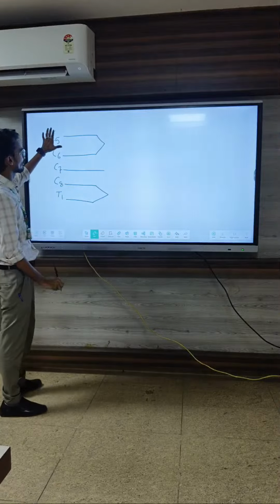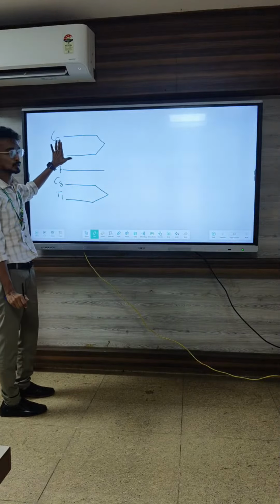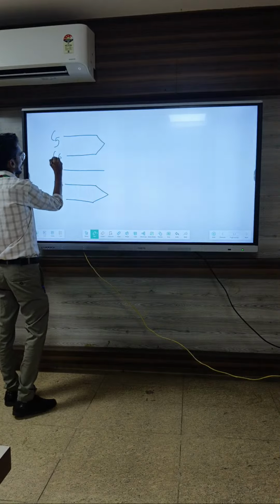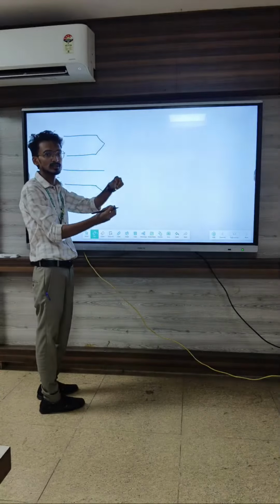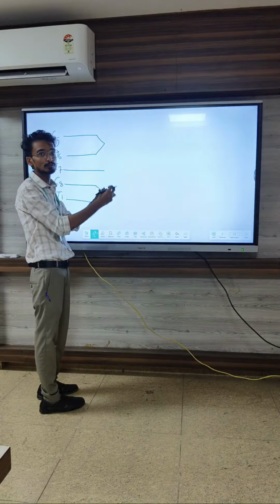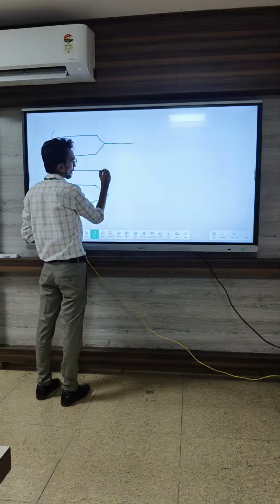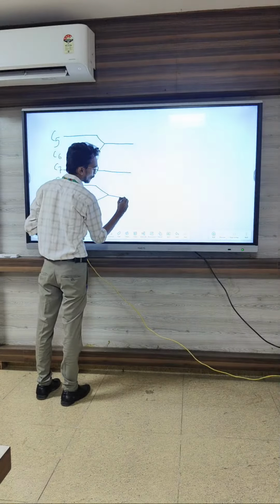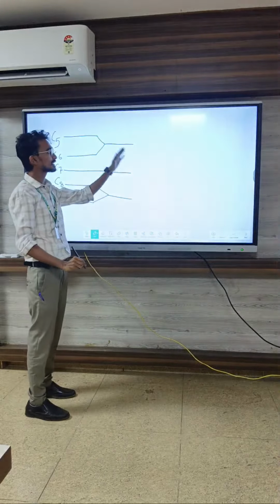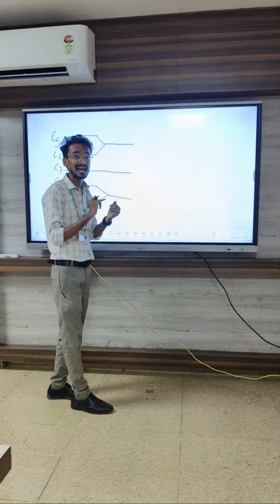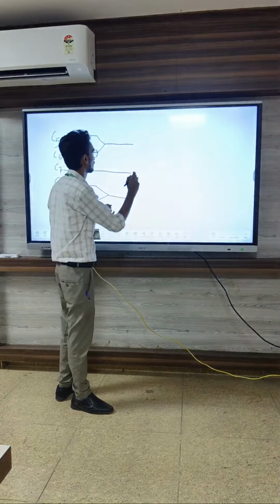Now, we were seeing the roots. After the roots, these roots combine together to form trunks: upper trunk, middle trunk, and lower trunk. After the trunk, there will be divisions. Each trunk has two divisions: anterior division as well as posterior division.